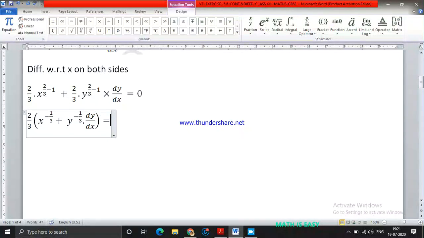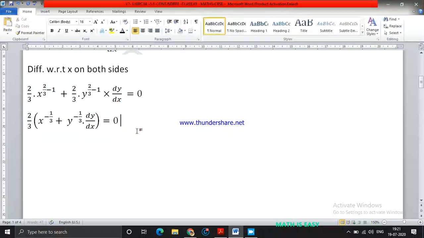which is equals to 0. Okay, so now you can send this 2 by 3 to the right hand side. It will go as a division, and 0 upon some number will be 0.